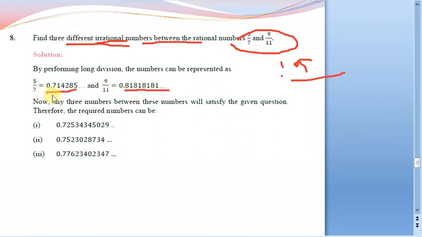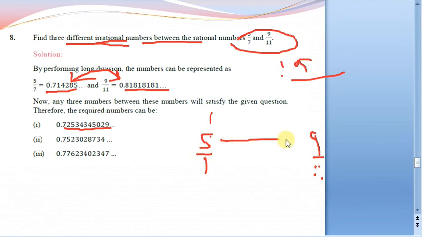This is the pattern. Now, we need to identify decimal forms which are non-terminating, non-repeating and lie between these two. We can write random values, but our number should be greater than this one and less than this one. So I will take 0.725, some random number. It has crossed this one. Here there is 5 by 7, and at the other end there is 9 by 11, because this is the small number and this is the big number.